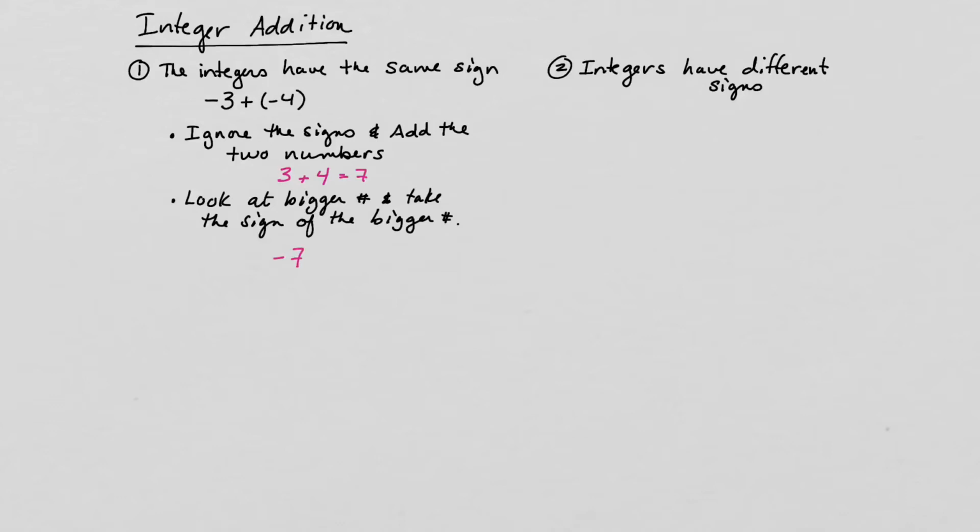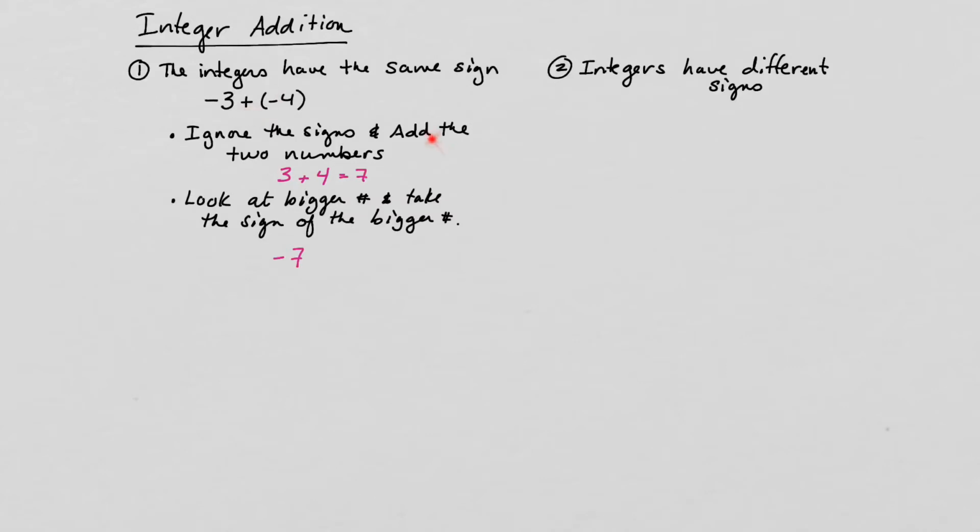So if you have two numbers that have the same sign, so they're both negative or they're both positive, but adding two positive numbers is what people have been doing their whole life, so usually that's not the problem. So two negative numbers, and you're adding them together.